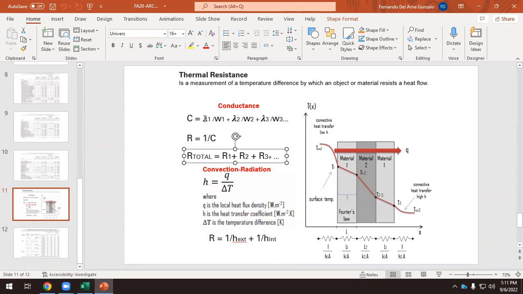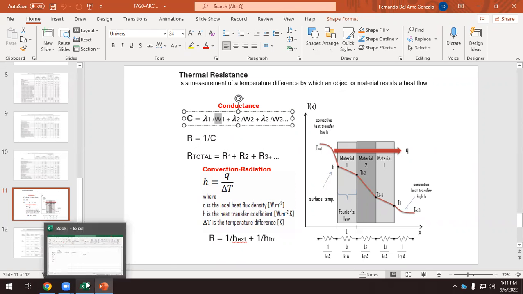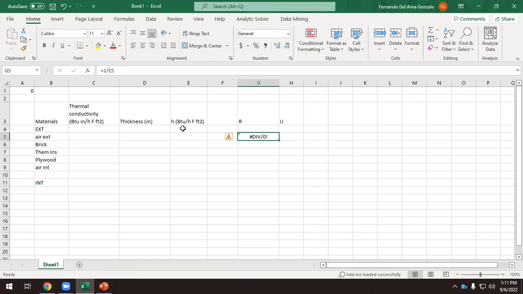Okay, and the thermal resistance of solid materials is the other way around. This is the conductance. The thermal resistance is 1 divided by this. I use these two values because we can work with either of them, C or R. We're using R, so this is W divided by lambda, so thickness divided by the thermal conductivity.